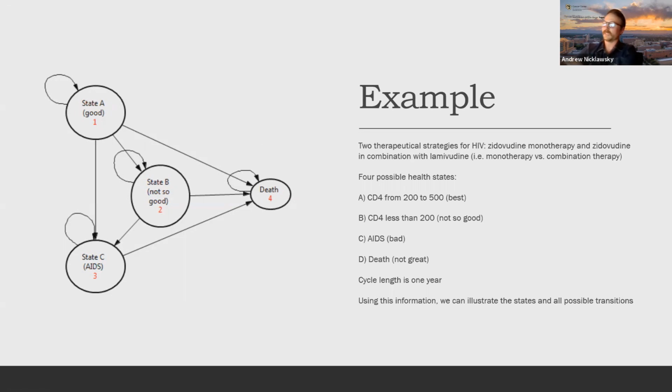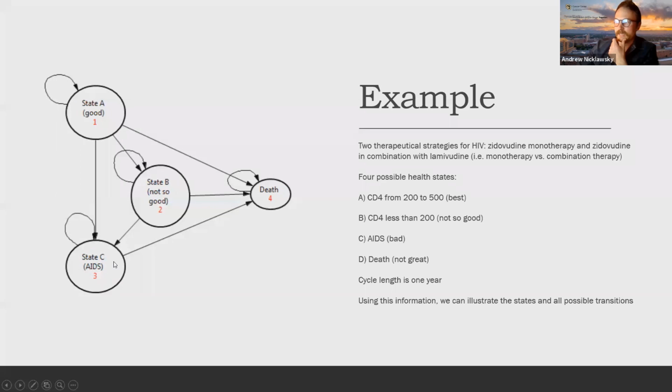So this is an older example about HIV. We have 4 different states here. In the first state, our CD4 count is from 200 to 500, which would be considered the best. In health state B, CD4 count is less than 200, which isn't so great.